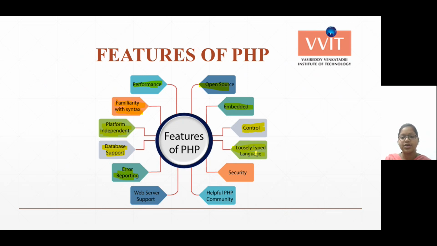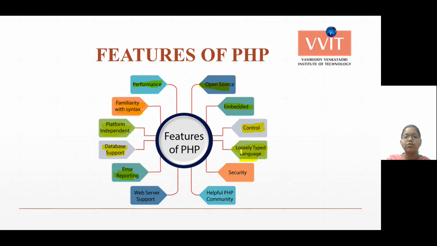Loosely typed language. PHP is a loosely typed language. Why? Because you don't declare the data type of the variable. In some programming languages like C and Java, you need to declare the data type of the variable in order to use that variable. But PHP is loosely typed.